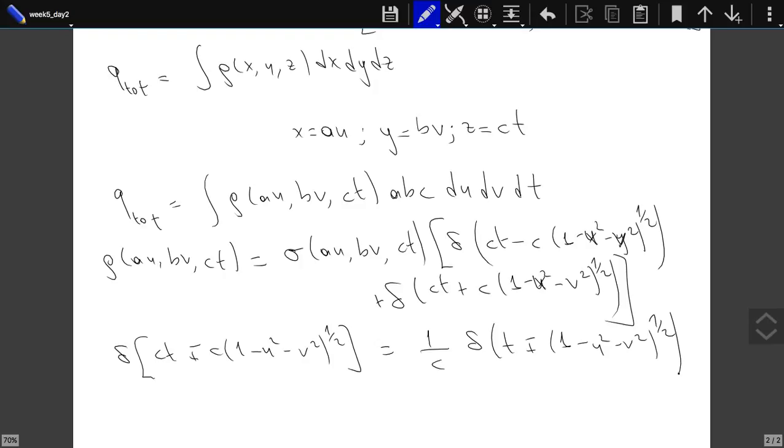These Dirac deltas just tell me that I am integrating over the surface of the sphere in the u, v, t space. So I converted my problem of the ellipsoid of revolution to a problem of a sphere. And the surface integral of the sphere, you can just evaluate it. This is one way.